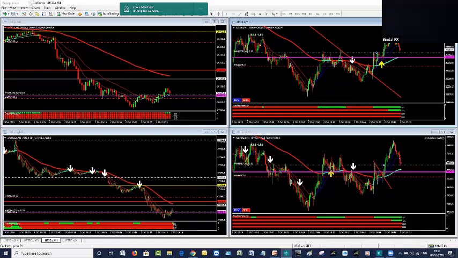Yes, I will only enter if I get a pullback right up to the magenta pivot, okay? The pullback must be good, right? I will not take on a trade on a very small pullback, yeah?